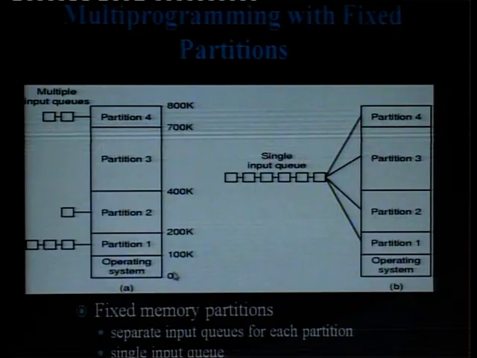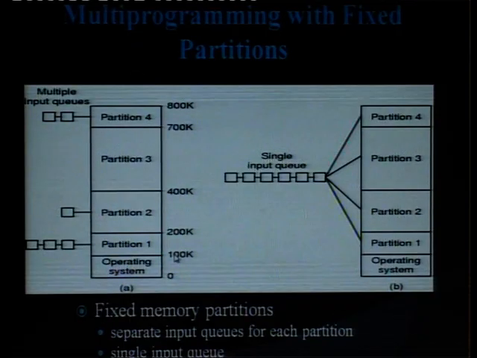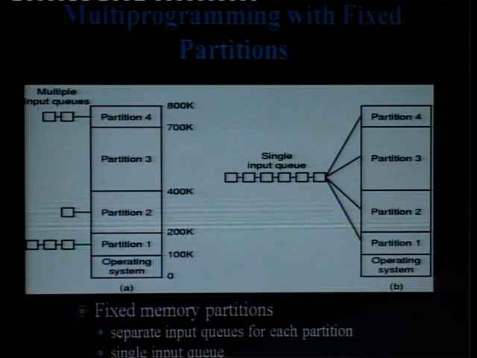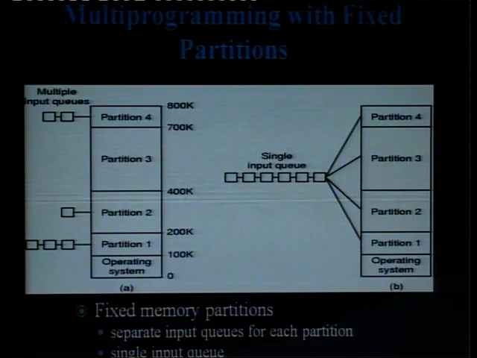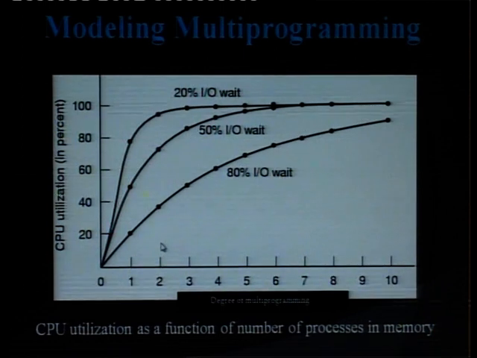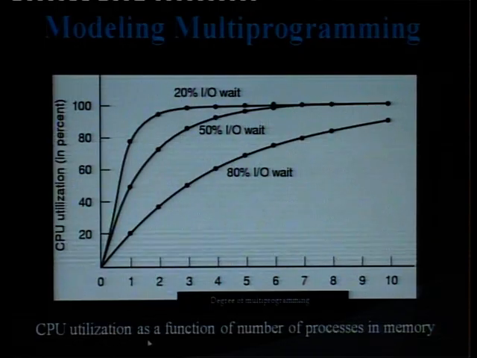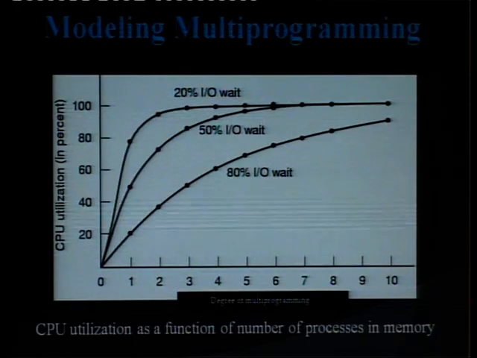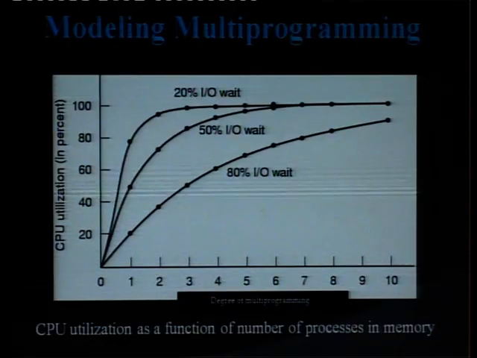Like in this way, we have 0 to 100, already partitioned, fixed partitions. Processes identify their memory requirement, and occupy memory according to these fixed partitions. Modeling multi-programming: CPU utilization as a function of the number of processes in memory. According to the CPU's processing, the degree of multi-programming is measured.